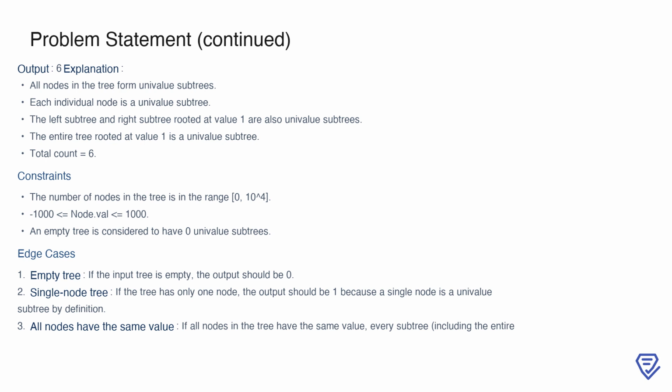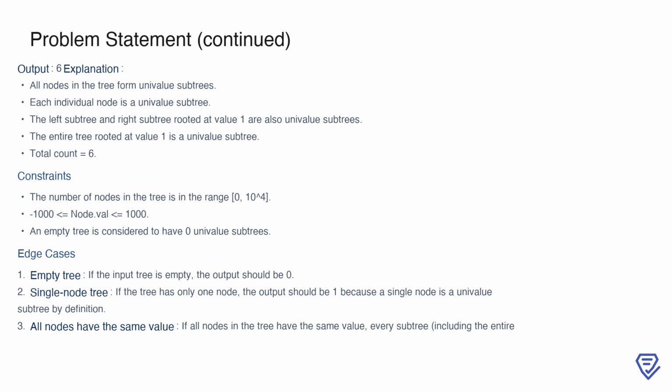The entire tree itself, rooted at the value 1, is also a univalue subtree. Since all nodes share the same value, every possible subtree satisfies the univalue condition. This demonstrates how the total count of univalue subtrees can increase significantly when the values are uniform across the tree.